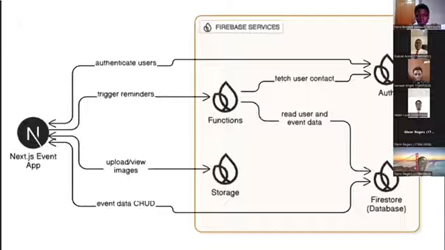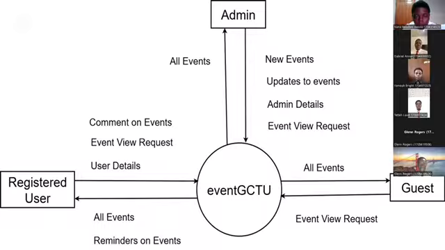All events and user details are stored in Firestore, where we can use the full CRUD operations, if you're familiar with that. And finally, any image. Moving on to the context diagram.